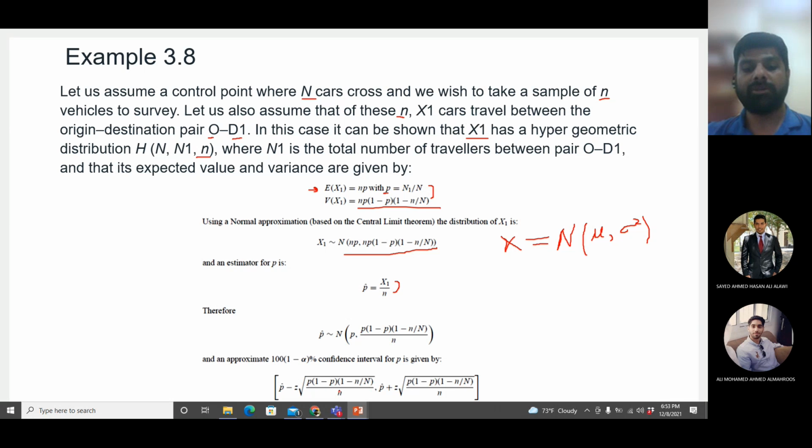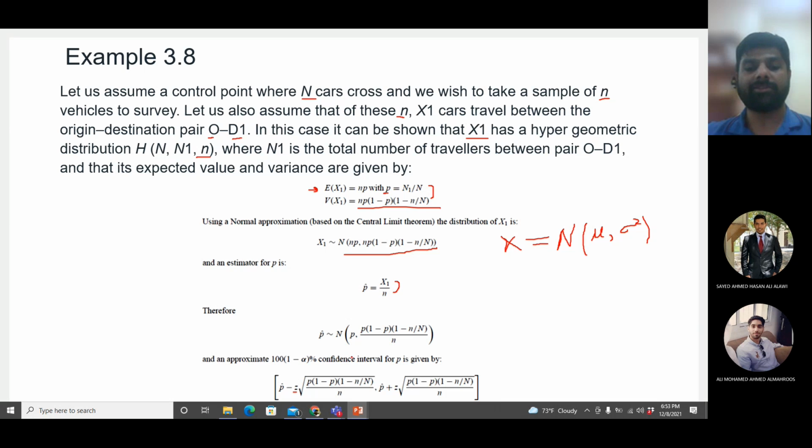with this range. So P cap, the expected value that you will find a traveler between O and D1 in the sample, minus this whole thing. Now what is this whole thing? Z is a standard normal value at your confidence level, how much confidence level you want, into this. What is this?